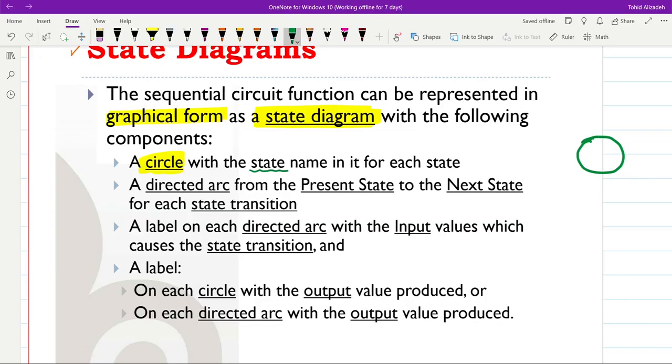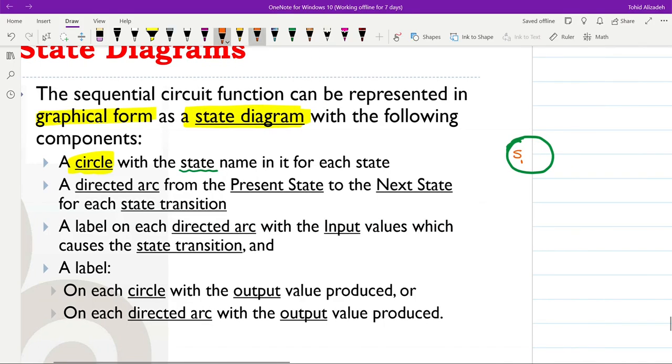So there will be a state name. For each state we will have a circle showing that state, and we will have the name for the state usually written inside. So state 1, then we may have another state as S2 and so on and so forth. So a circle will represent a state, and we need to determine the name of the state there.